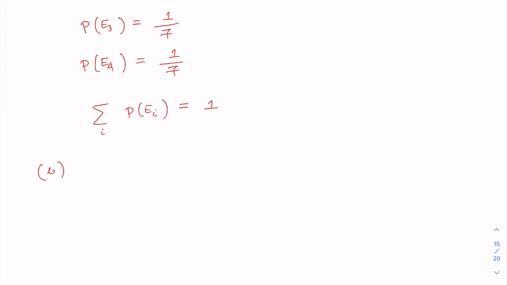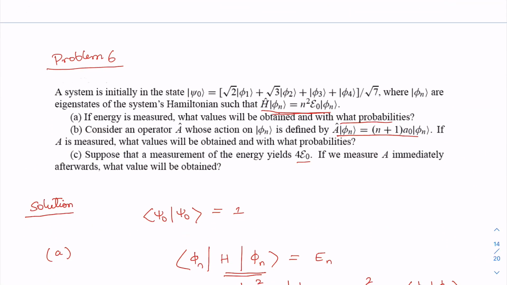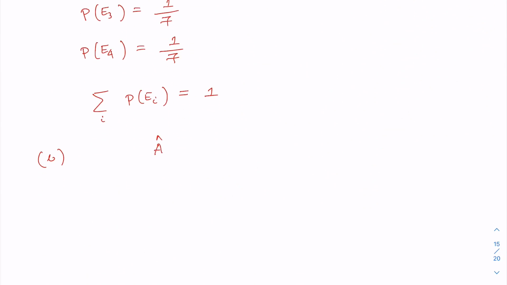Now let us do the second part of the problem, Part B. You are given the operator A which satisfies this eigenvalue equation: A phi n is equal to (n plus 1) A0 phi n.